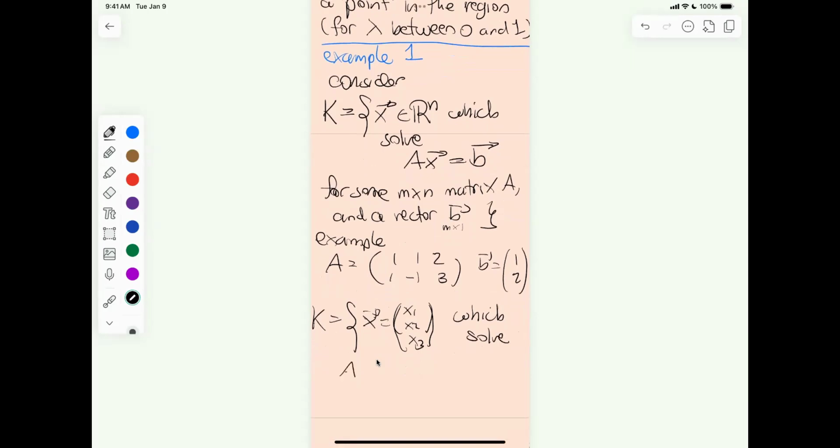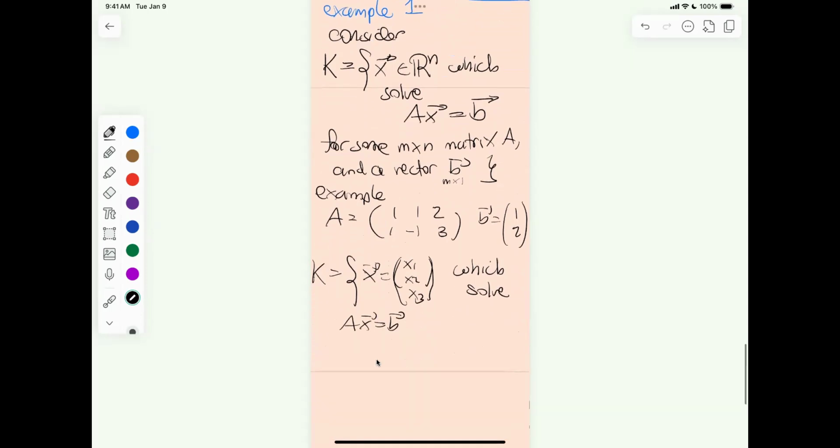Well, what is Ax equals b in this case? If you do the multiplication, it would be x1 plus x2 plus 2x3, and then x1 minus x2 plus 3x3 equals 2.